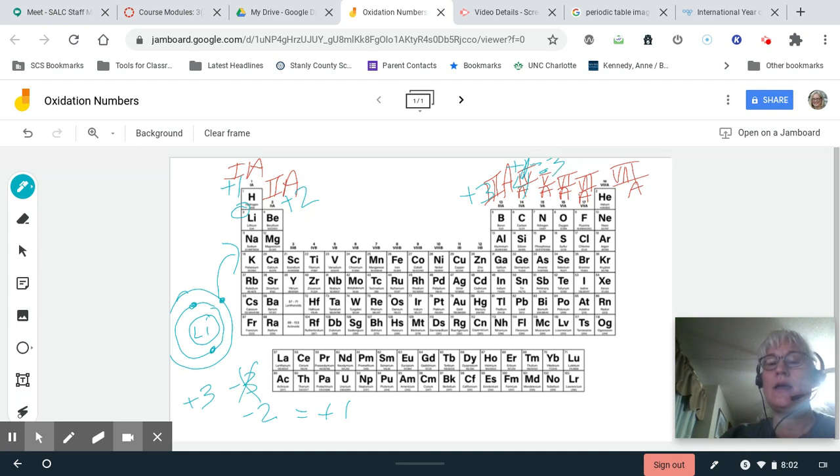This is 6. How many more to get to 8? Minus 2. How many more to get to 8 from 7? Minus 1. So let's look at a Bohr model of, say, nitrogen, oxygen, and fluorine. Nitrogen has 5, oxygen 6.